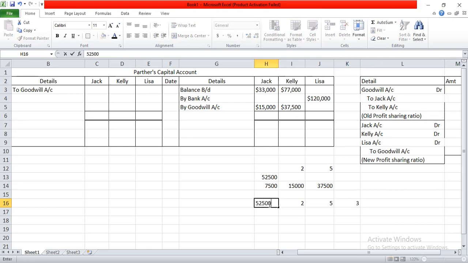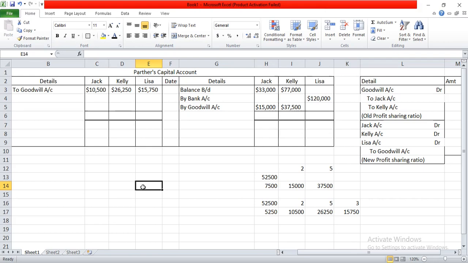Now we divide this goodwill by 10, so 5,250. For Jack, the goodwill is times 2, which is 10,500. For Kelly, it is times 5, which is 26,250, and for Lisa, it is times 3, which is 15,750. So we write goodwill here.